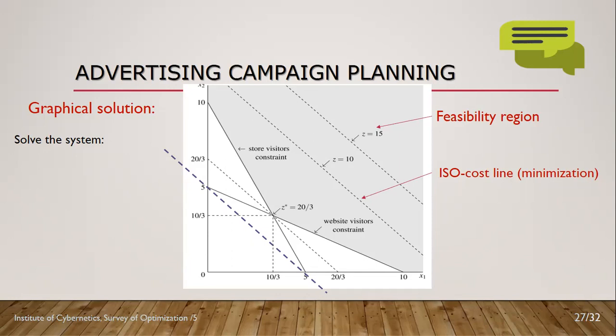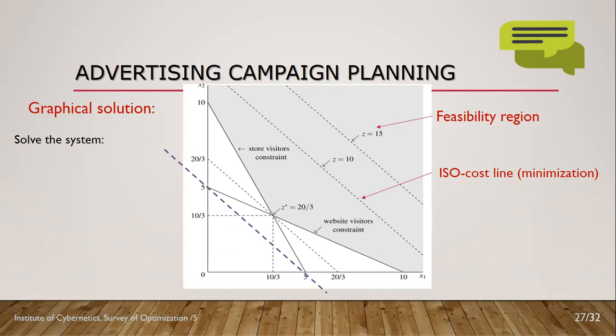Anyway, the points that are far away in that direction towards infinity are not of interest to our model to start with, because we are trying to minimize the budget here. So we are minimizing. So we do not care about the upper bound, because we need to minimize our expenses on this advertising campaign.